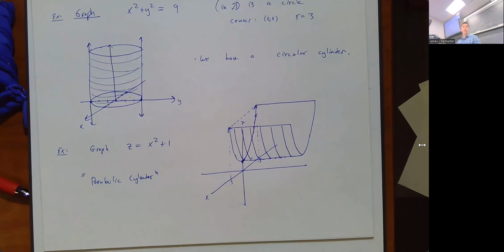For the most part, if you take any two-dimensional curve other than a straight line and extend it in a third direction, we call it, whatever kind of curve you had, cylinder. If I took a hyperbola and extended it in the third direction, we'd call it a hyperbolic cylinder. Gross. And I'd have a hard time drawing it, maybe.